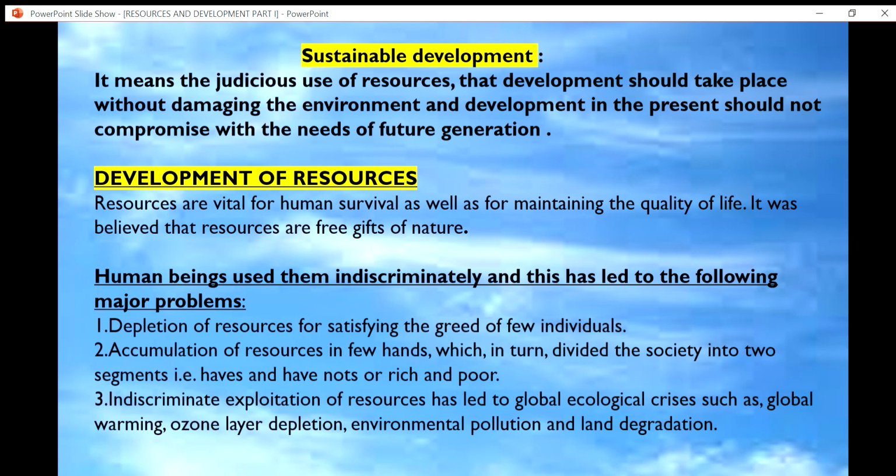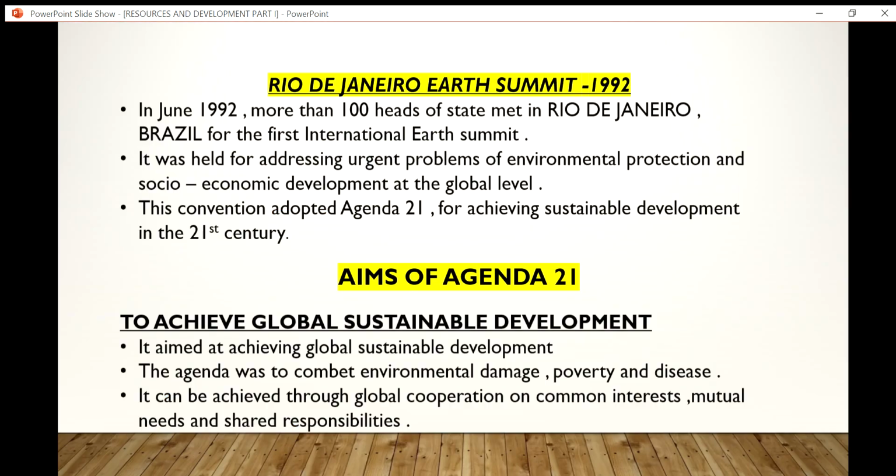Indiscriminate exploitation of resources has led to global ecological crises such as global warming, ozone layer depletion, environmental pollution, and land degradation.